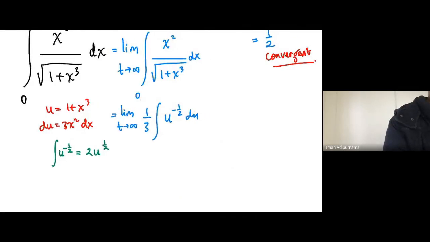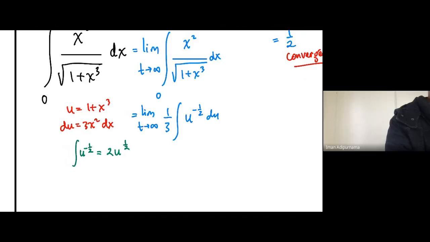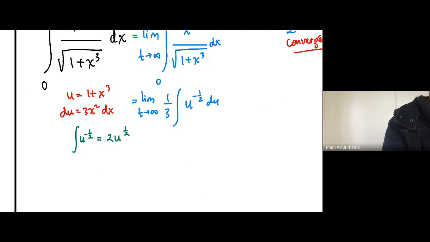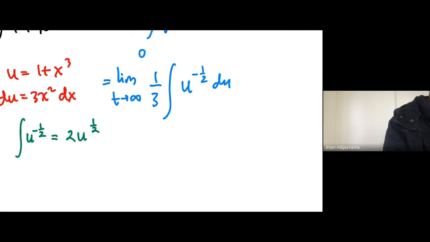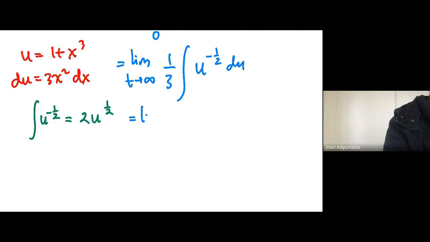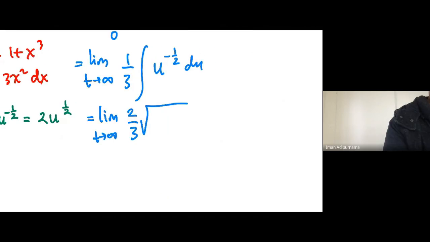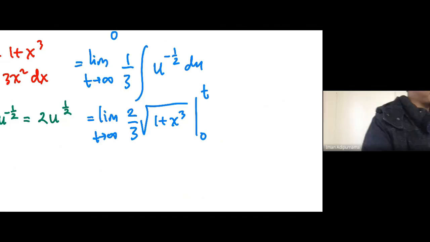Okay, so I will convert back to x without mentioning the integrals in u. So limit as t goes to infinity, 2/3 times square root of 1 plus x cubed from 0 to t.